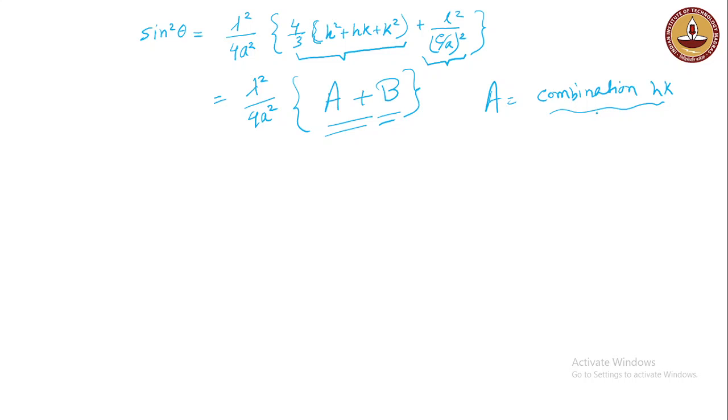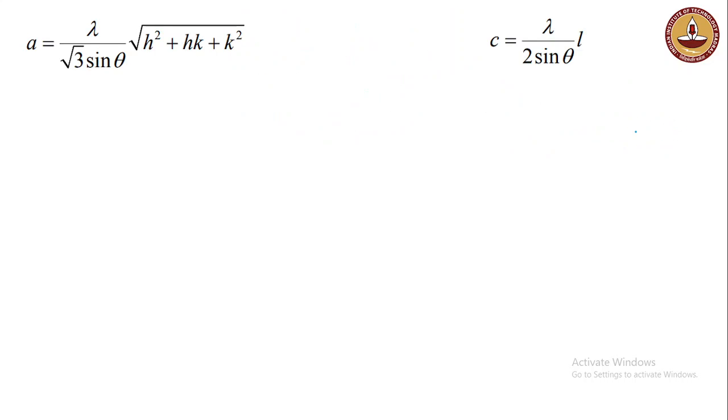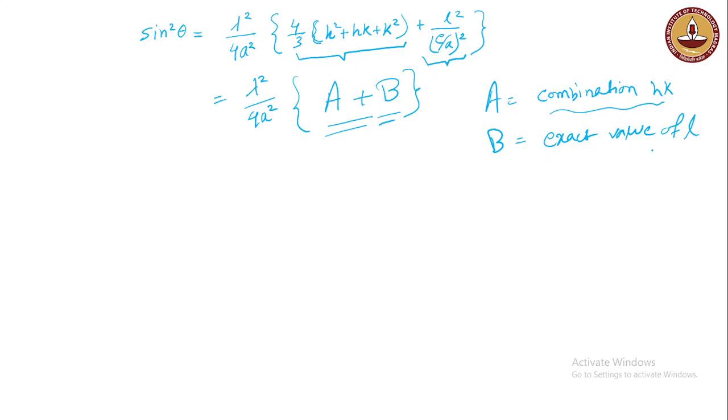If we get the proper combination of h and k, that will be our value of A. Similarly, to find out the B value also, we have to find out the exact value of l, that will combine with hk to get the sine square theta, and finally we will choose the exact combination of h, k and l and put in this equation, that will equate with our sine square theta value.